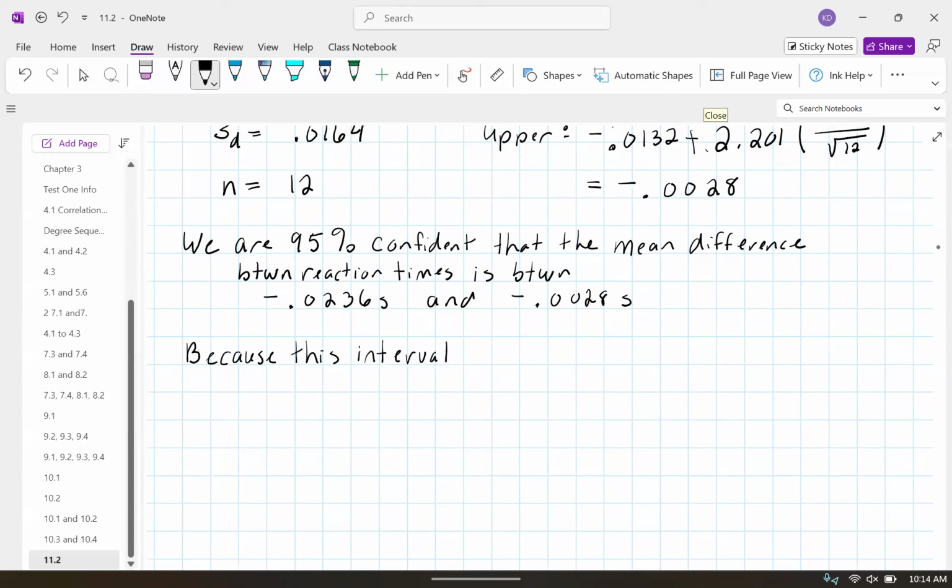Because this interval doesn't contain 0, the evidence suggests that the reaction time is different.